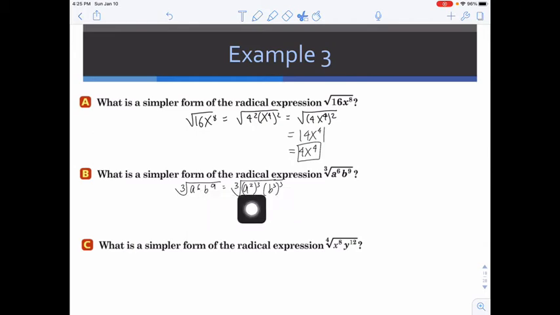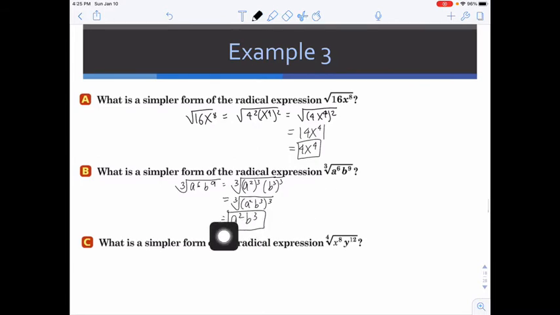And now we can combine the a squared and the b cubed into one set of parentheses since they are both being cubed. This gives us the cube root of a squared times b cubed, all cubed. The previous slide tells us that if we have an odd index, then the answer is just going to be what was inside the parentheses. So we're left with just a squared b cubed.